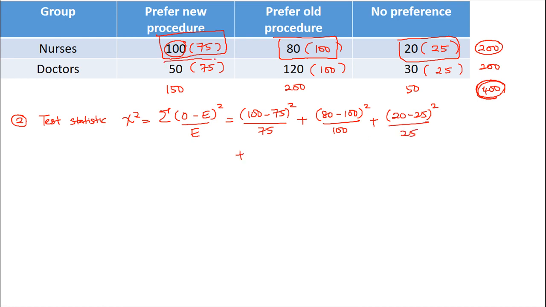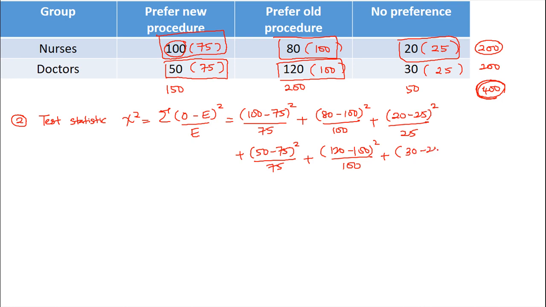Next cell is here, 50 minus 75 squared divided by 75, plus the next cell here, 120 minus 100 squared divided by 100, plus the last cell is 30 minus 25 squared divided by 25. Okay, now you just have to use your calculator, simplify, and the answer will be 26.67. So this is the test statistic value.